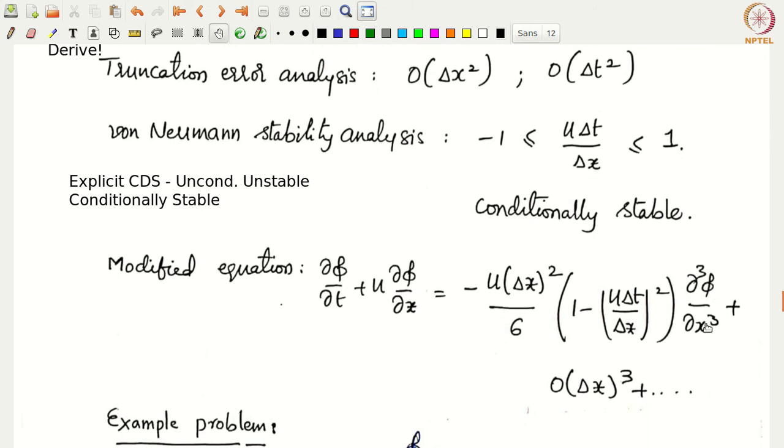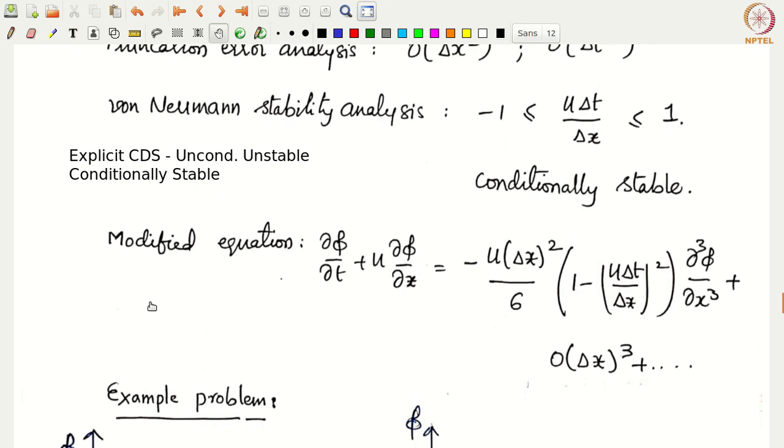So you get a third derivative with something multiplying it, which is in terms of your CFL number and order delta x square. This is telling you your method is second order accurate, and this being a third derivative, what kind of a term is this? This is dispersive, right? So this is not dissipative, it produces dispersion. Depending on the u delta t by delta x value, we can solve for the method.